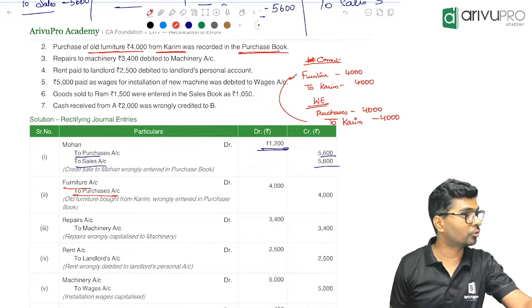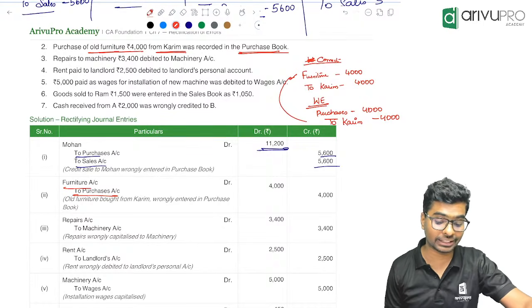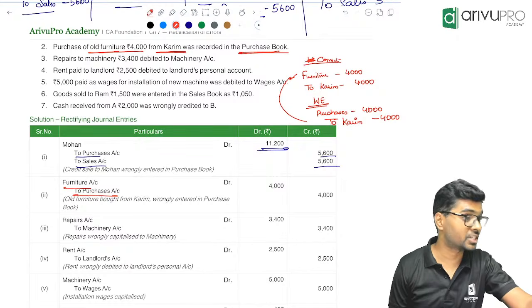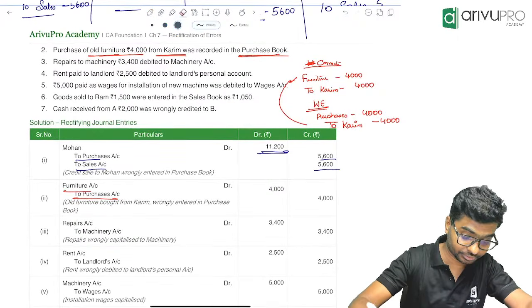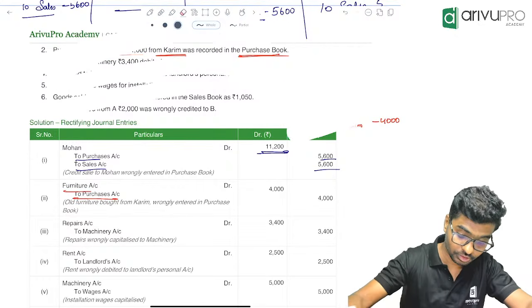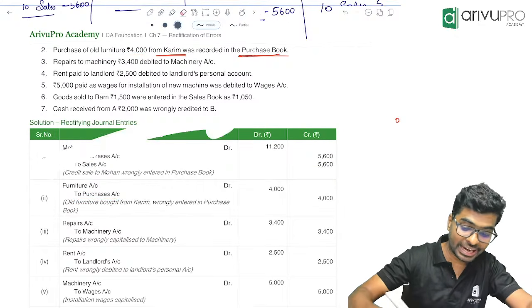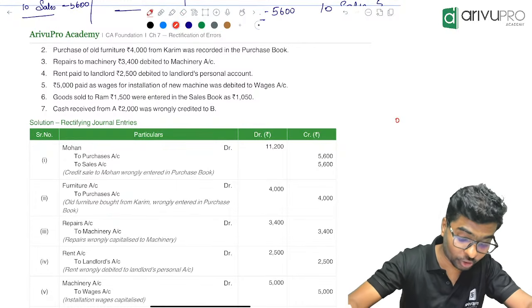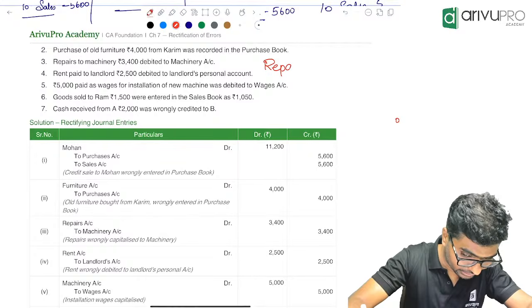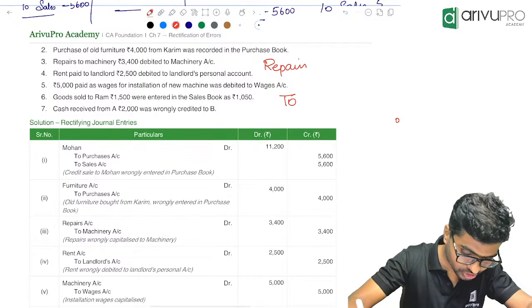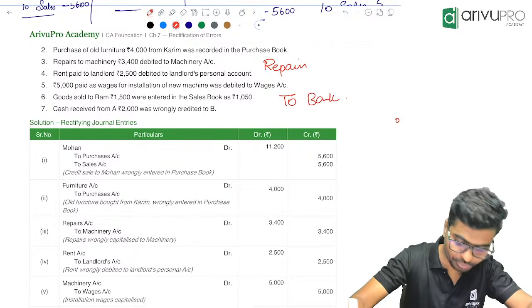Repairs is part of my P&L, but I am writing it under what? Machinery account. So what is the wrong entry I have done? It's a maintenance expense. It should be recorded as what? Correct entry is repairs to cash or bank.